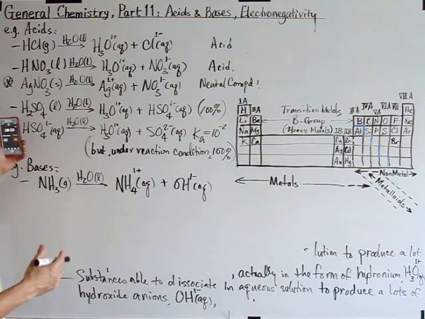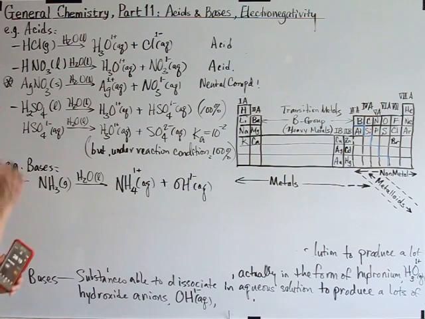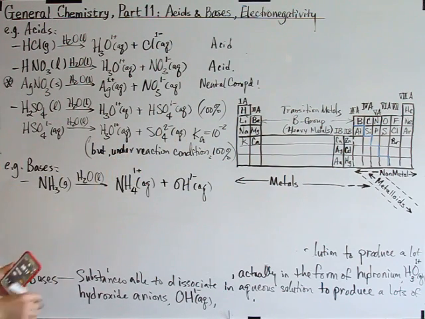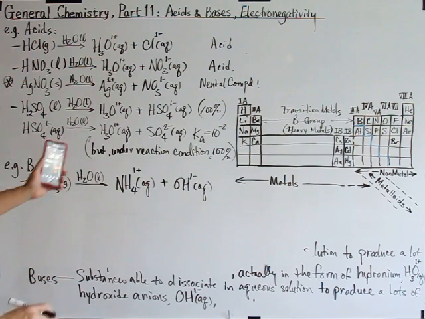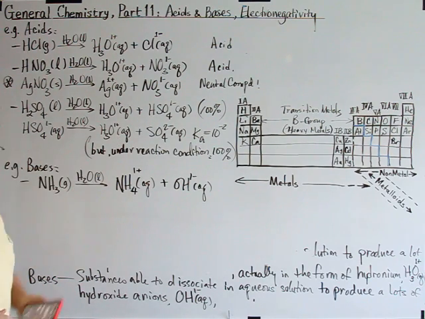The first hydrogen, of the two hydrogens attached to sulfate, will be 100% dissociated in the aqueous solution. Nothing left. It becomes hydronium and hydrogen sulfate.